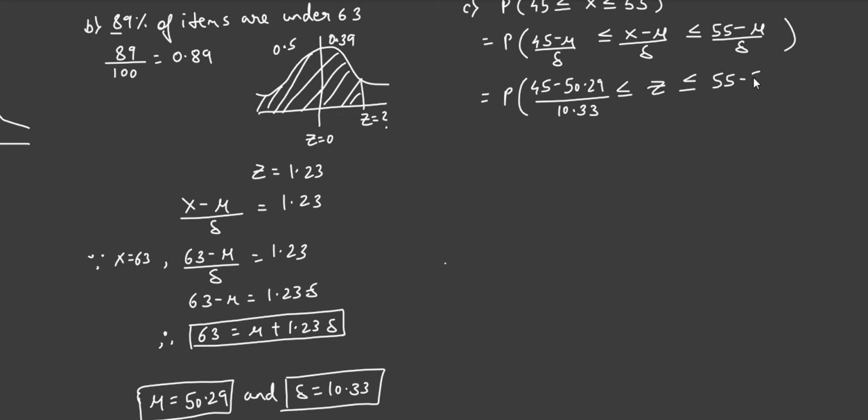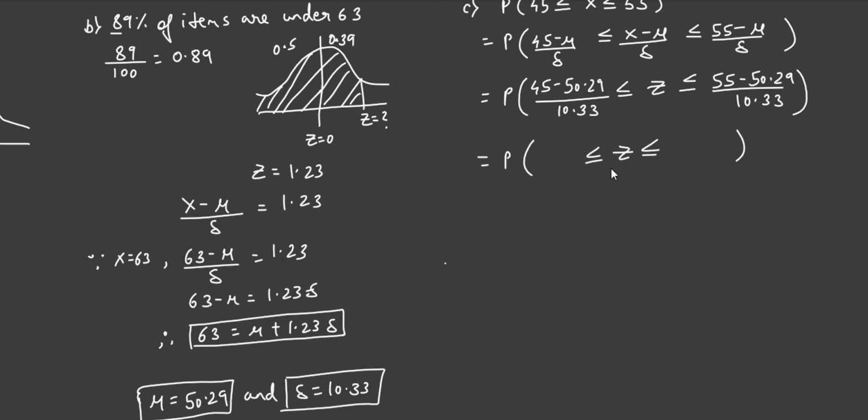And (55 minus 50.29) upon 10.33. So here, by calculating, we get one value for z, and here we get another value.